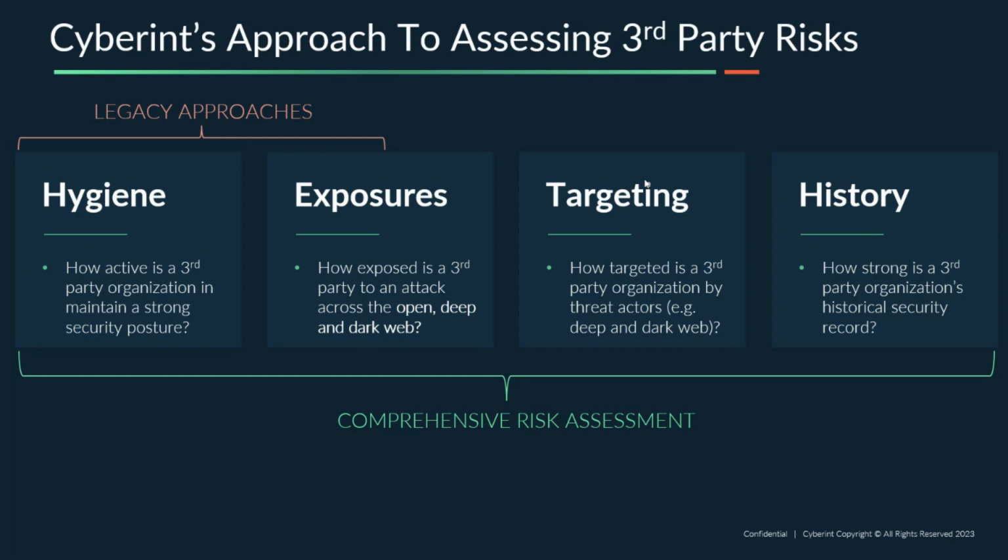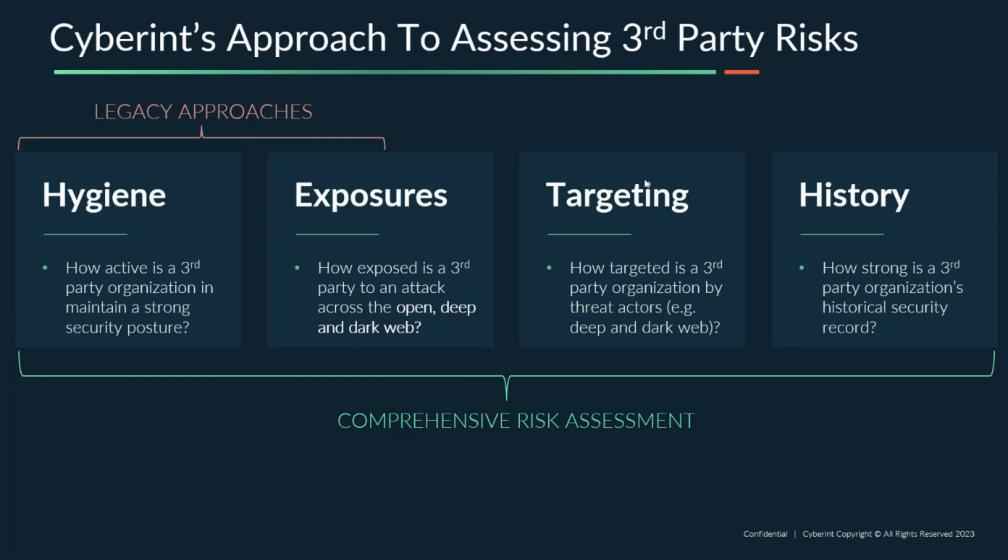But possibly the most indicative thing is looking at your history and what is really happening now. So one of the questions that we try to answer is, A, how likely is it that your provider is going to be breached? And the truth is, if that provider was breached 3 times in the past year, then it's very likely that they still haven't fixed what they need to fix, and they're likely to be breached again.